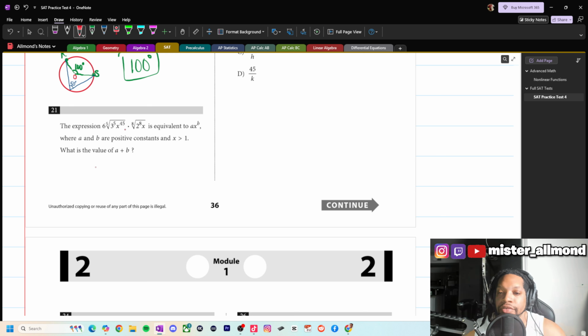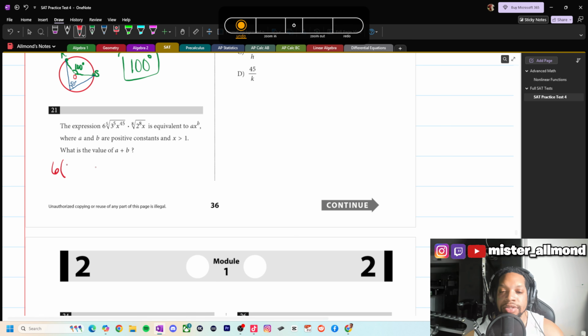But okay, whatever that expression is, I'm going to format it as some coefficient times x to some power, and then add the coefficient and the exponent up. So 6, and since I have a fifth root, I'm going to take everything inside of it and raise it to the 1/5.